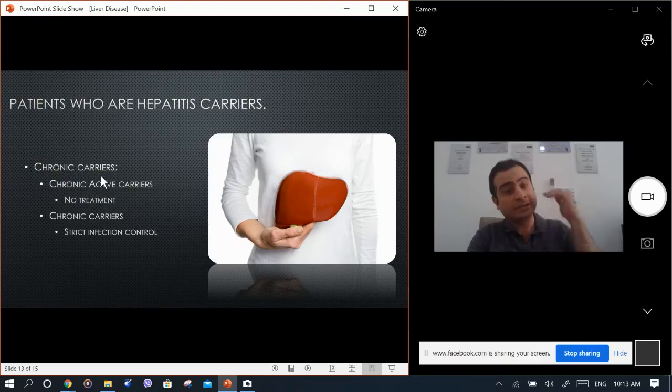Those patients have an increased level of bleeding and cannot metabolize the drugs we give them, so no treatment should be given unless it is emergency treatment in a hospital setting. While for chronic carriers without any symptoms, a strict infection control policy can be adopted and the treatment can be delivered for those patients.